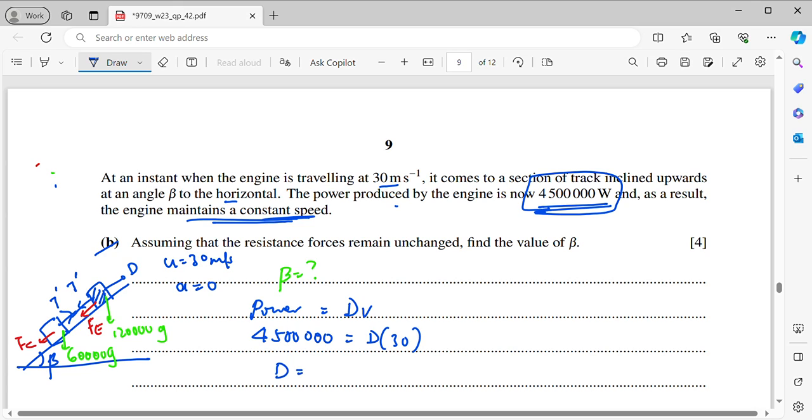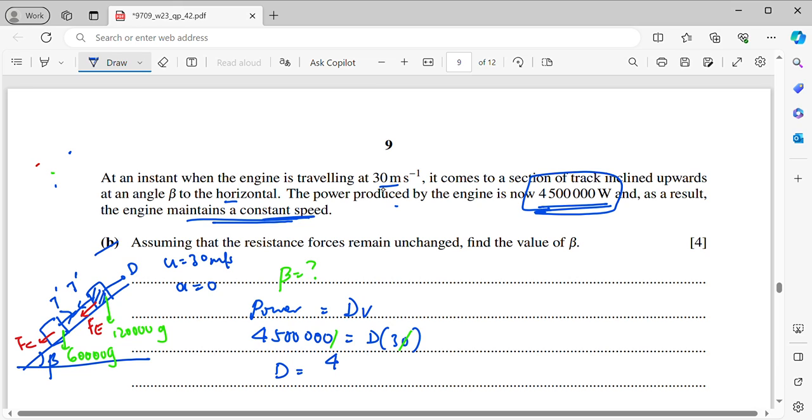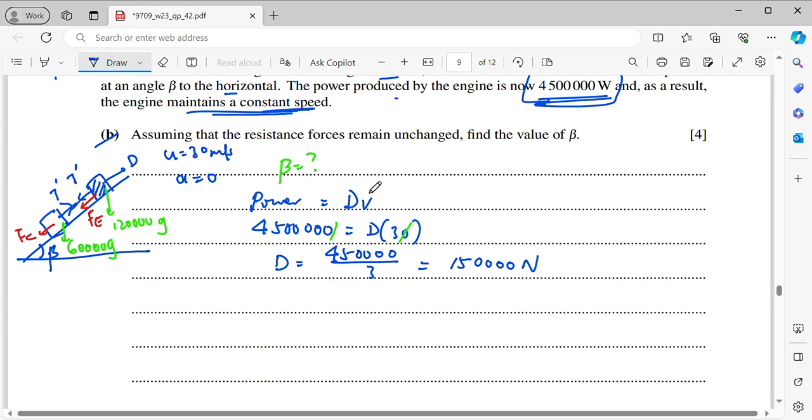Therefore, your D is, okay, now I cancel the 0 from both sides. So it's basically 4.5, all these values divided by 3. You will be getting 150,000. So now again, I consider the whole system to get the beta, right? So system, again, F equals to MA.